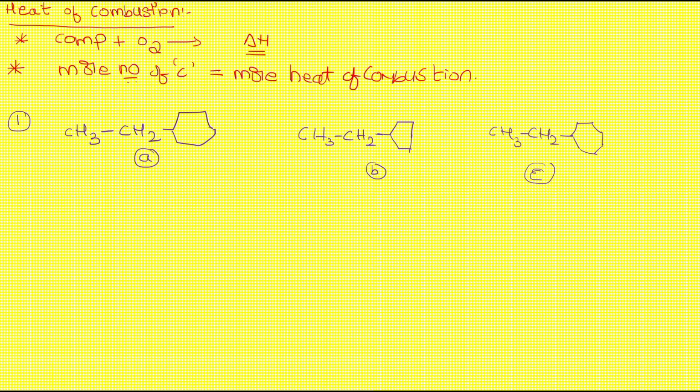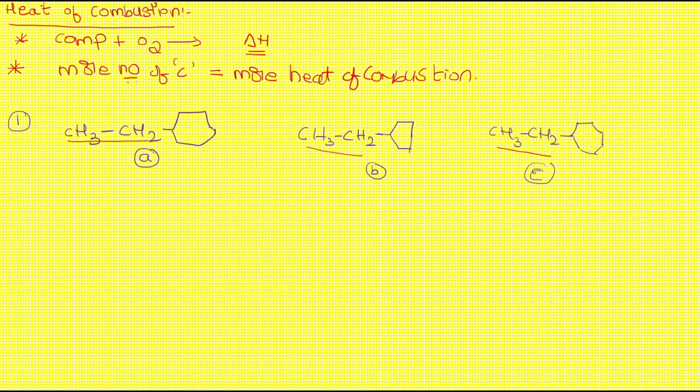As above, more number of carbon atoms, more heat of combustion. In the three examples, we are having CH3, CH2 common, the ethyl group in all. So go for the ring system.